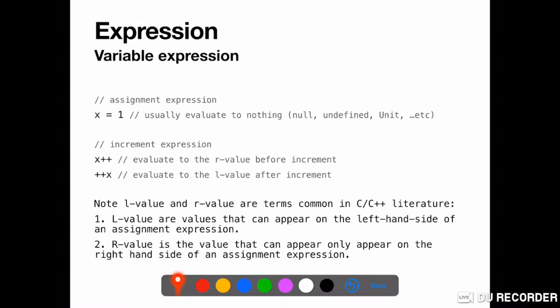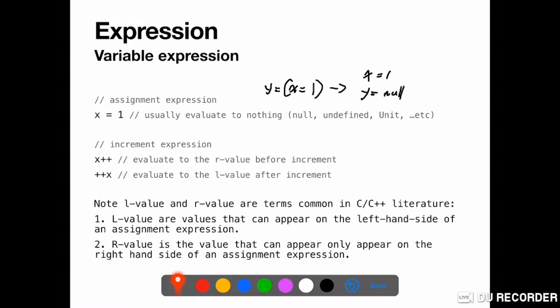What does that mean? It means if you write something like y equals x, with x assigned 1, then this would yield x equals 1, but y equals null, because the assignment expression evaluates to nothing.